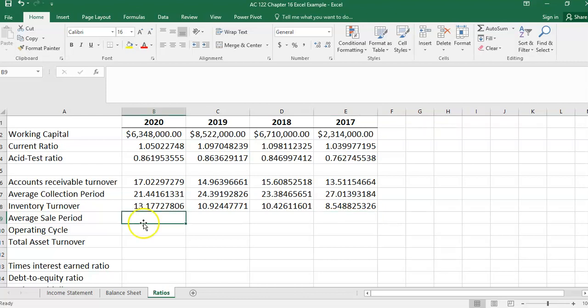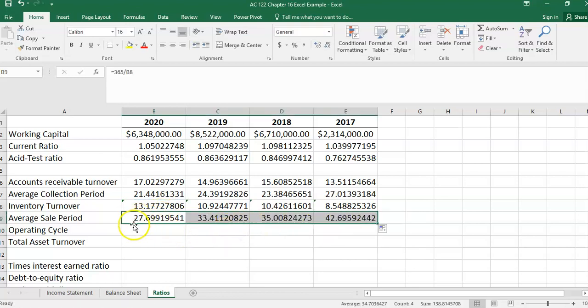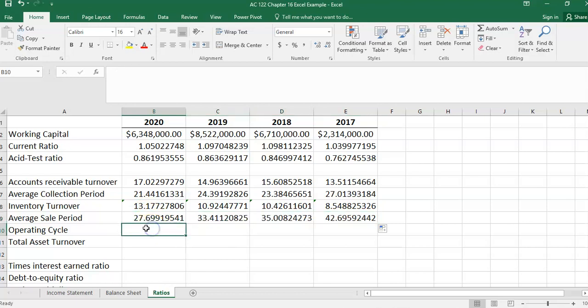Our average sales period tells us how many days on average a piece of inventory sits on a shelf or in a warehouse before it is sold to a customer. So we take 365 days divided by the inventory turnover. So on average, in 2020, we had 27.7 days for us to sell any given piece of inventory.